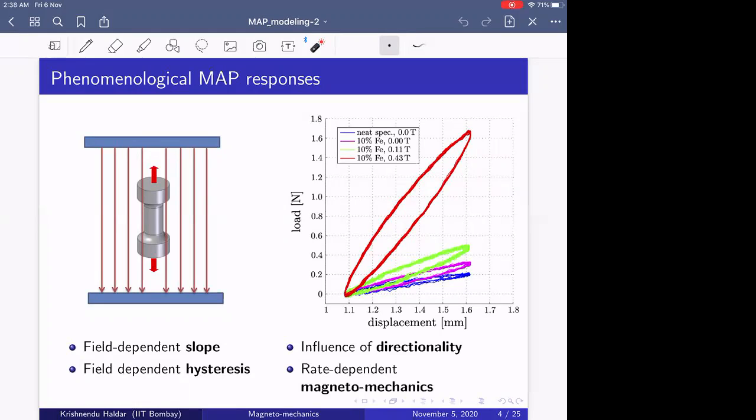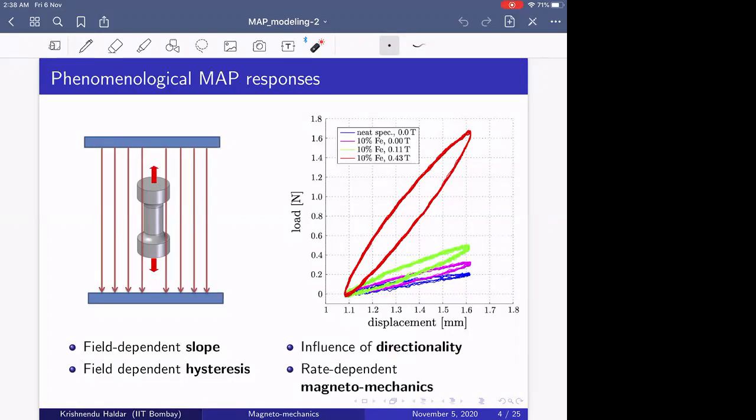So the key features are that the slope is changing. That means you are tuning the elasticity of the polymer system. You are changing the hysteresis. It also influences the directionality, and it also depends on the magnetic rate as well as your stretching rate, or the mechanical rate.